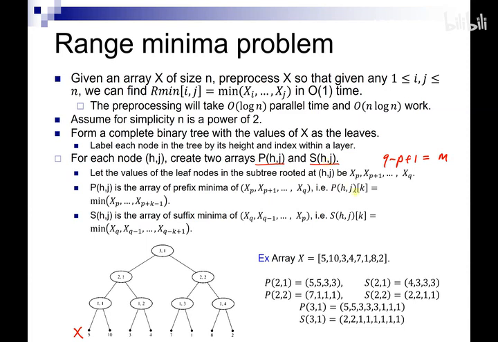The kth value in this P array for this particular node hj is going to be the minimum of the first k values in X_P up to X_Q. When you define P, you start at the pth value and look towards the right, increasing the index.